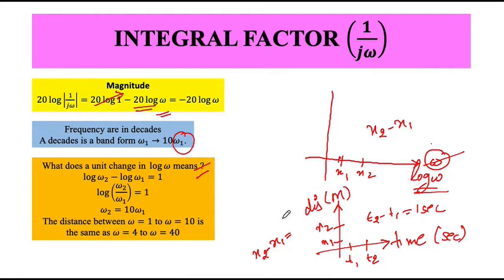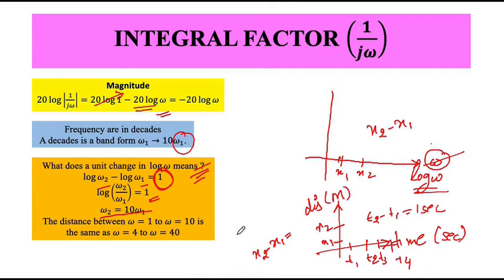Now what does a unit in log omega mean here? Log omega 2 minus log omega 1 equals 1 unit, a unit change. This is also written as log of omega 2 by omega 1 equals 1, which means omega 2 is 10 times omega 1. So the graph is drawn to that scale.